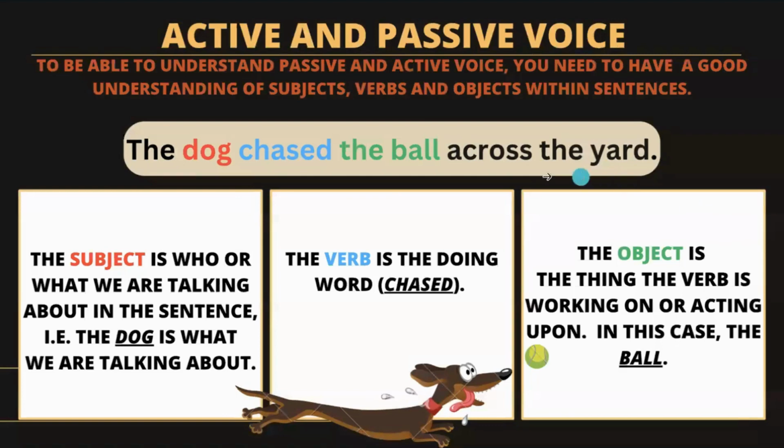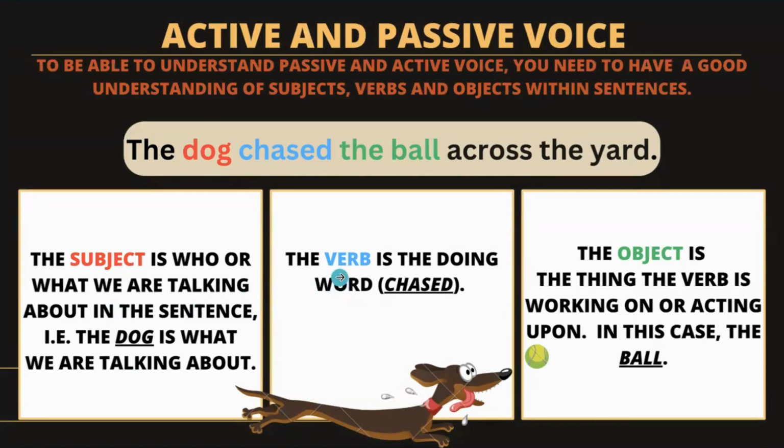Let's see the given example for better understanding. The dog chased the ball across the yard. So the subject is who or what we are talking about in the sentence. In this case, the dog is what we are talking about. So the dog is the subject. What is the dog doing?